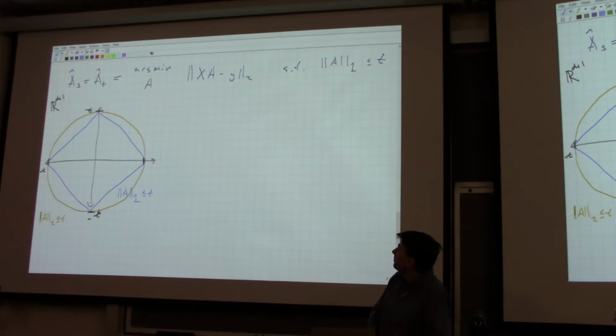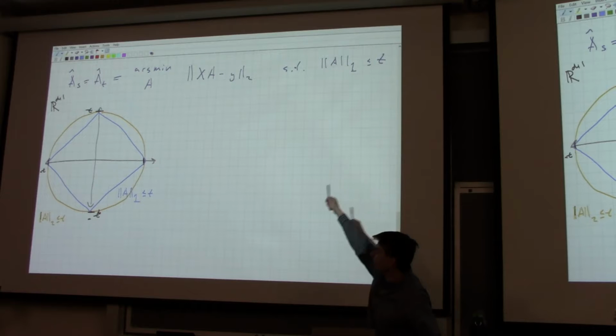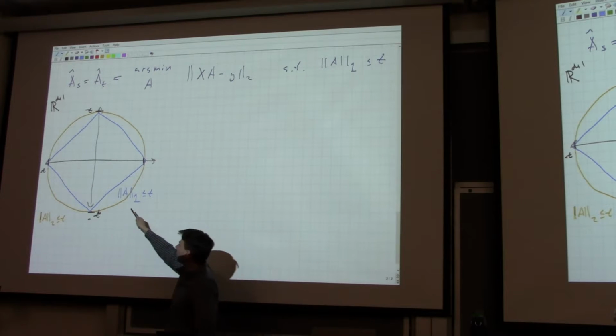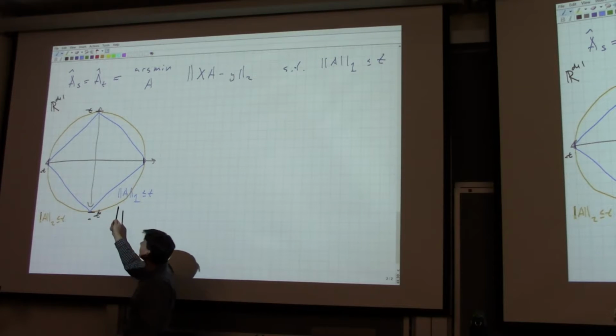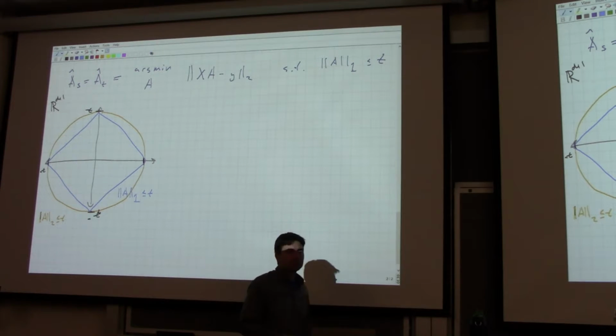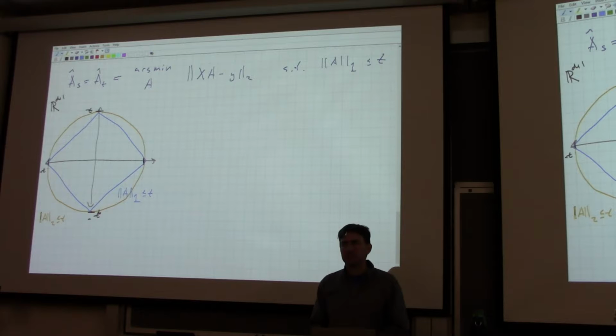Okay? So using this L1 constraint fixes that the A vector must lie inside the diamond, where the L2 constraint fixes it to lie inside this ball. Okay? So what's the difference? Why is this better?